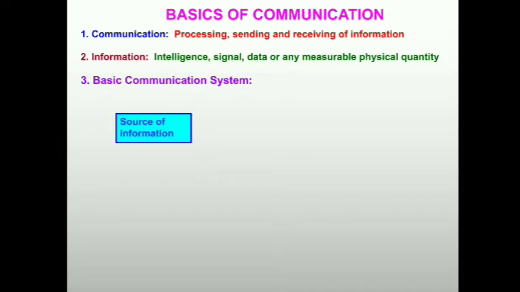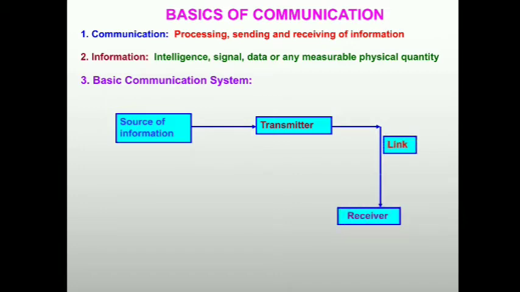These are the sources, right? So these sources are transmitted to the transmitter. The transmitter is a device which contains some elements present inside it. From the transmitter, the signals are transmitted to the receiver. The receiver receives the signals through this link.